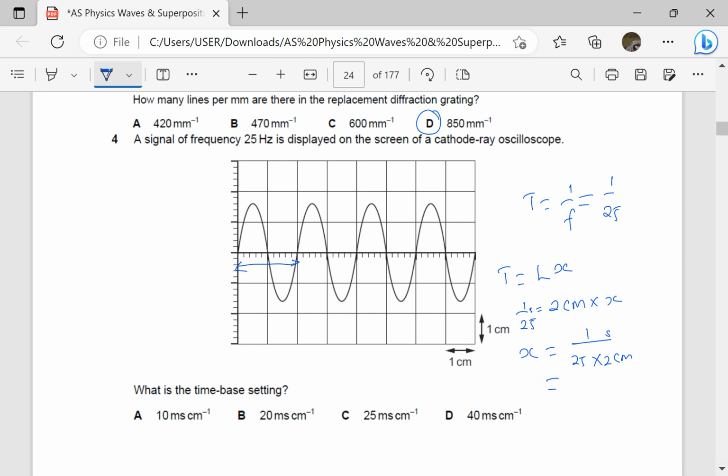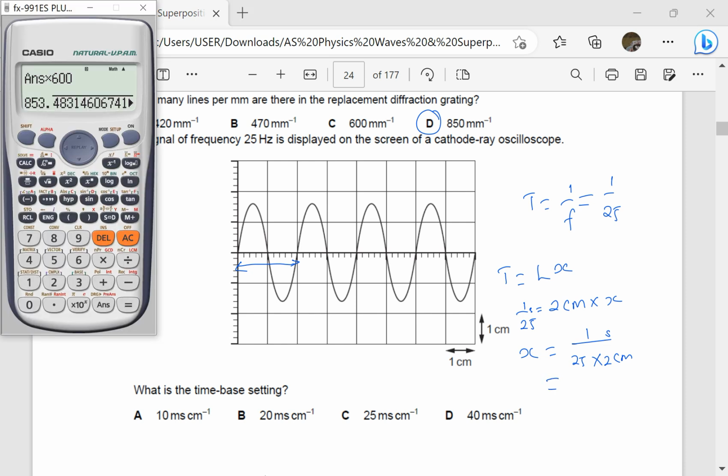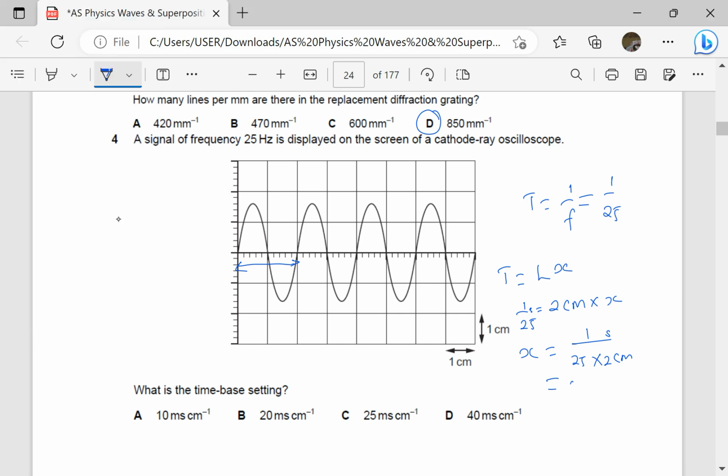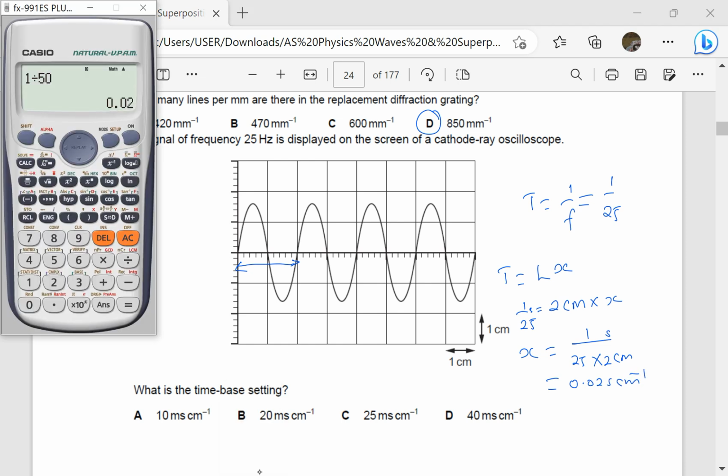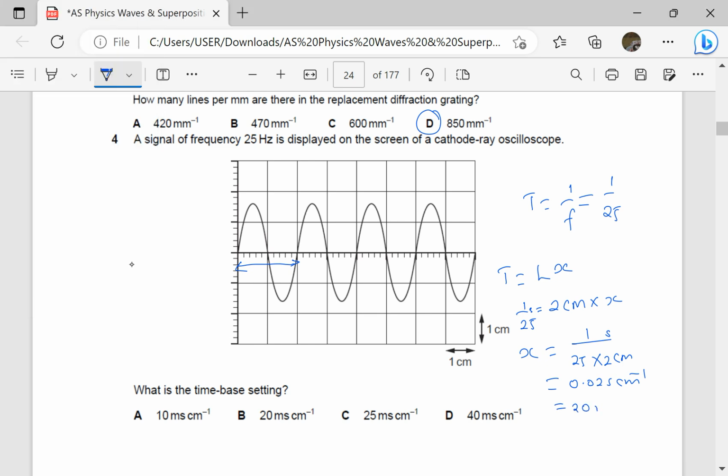But the answers given here are in milli, and to bring a prefix, we divide by its value. So 1 divided by 50 is 0.02 seconds per centimeter. Then to change it to milli, we divide this by 10 to the power of -3, which gives 20 milliseconds. So this is 20 milliseconds per centimeter, which makes our answer B.